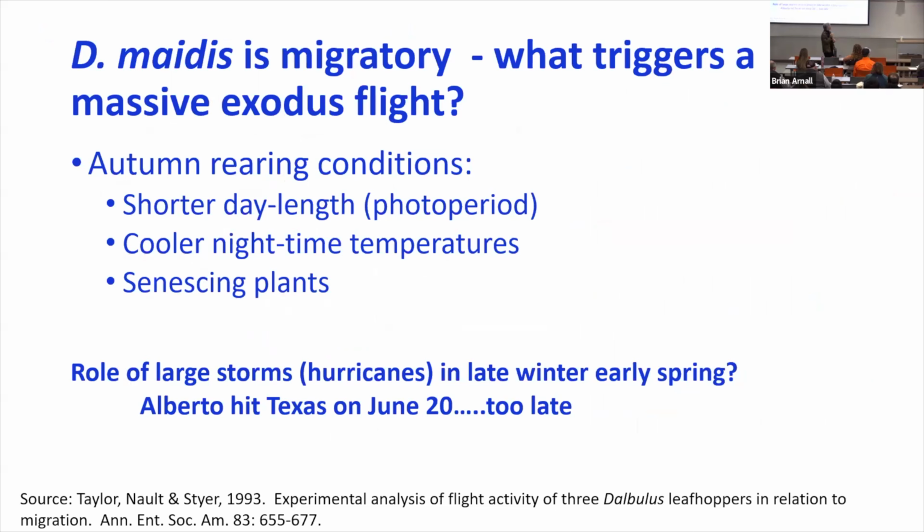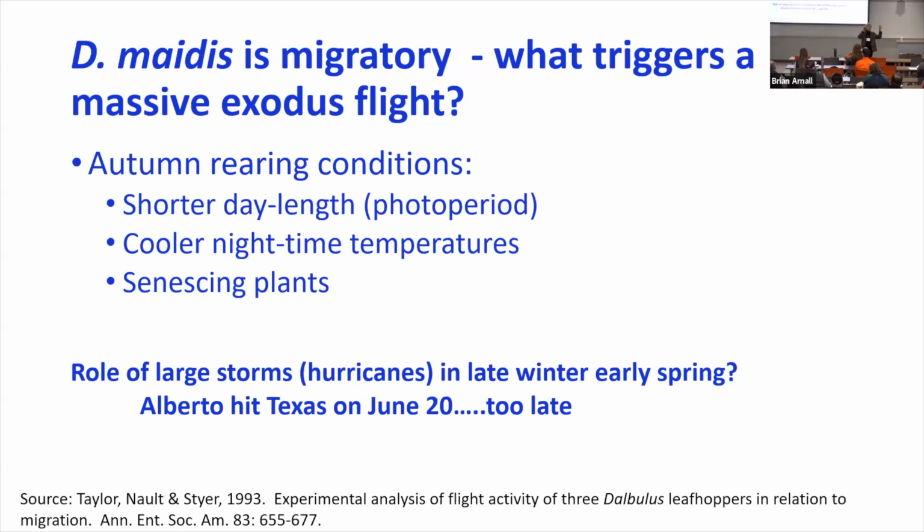So Dalbulus is migratory. What triggers those massive exodus flights that occur occasionally? This was a great paper by Taylor, where they analyzed different environmental conditions, and they found that when insects were reared under late autumn conditions, like a short photoperiod, lower nighttime temperatures, and senescence of corn, that's when they would take off.